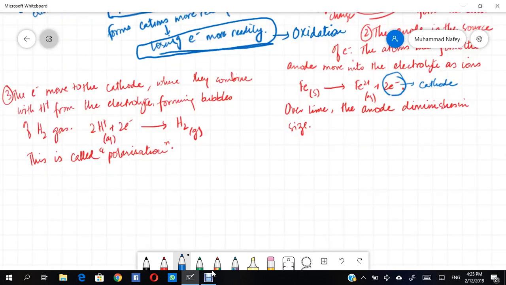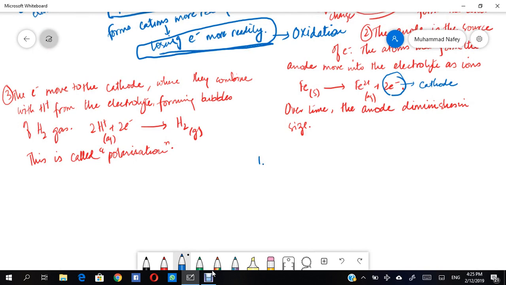Right, so what are the observations? The first observation is the anode diminishes. Sorry for the spelling error. Number two, bubbles of a gas at the cathode.